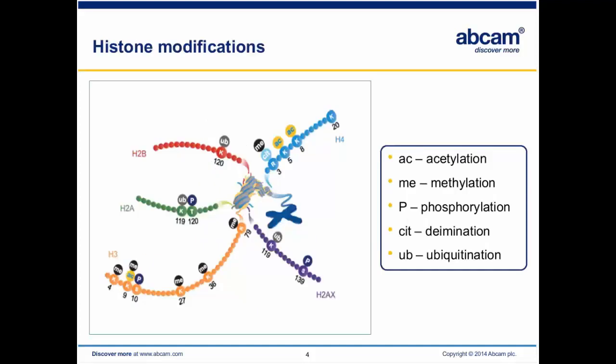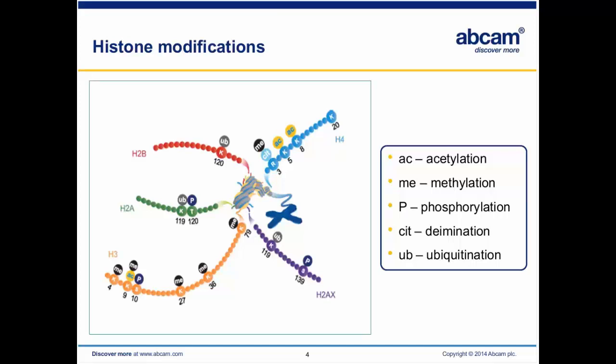The histones I mentioned earlier can undergo many post-translational modifications that affect how they interact with DNA, some of which are shown here. Histones H3 and H4 are the most commonly modified histones and have long N-terminal tails protruding from the nucleosome whose residues are targeted for acetylation, methylation, phosphorylation, deamination, and ubiquitination.